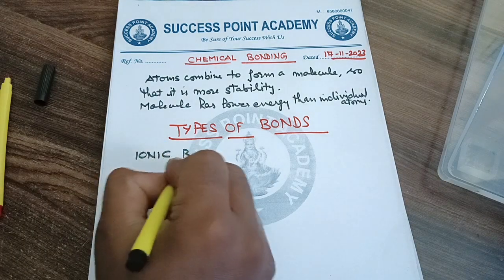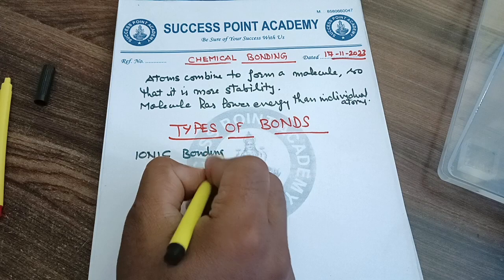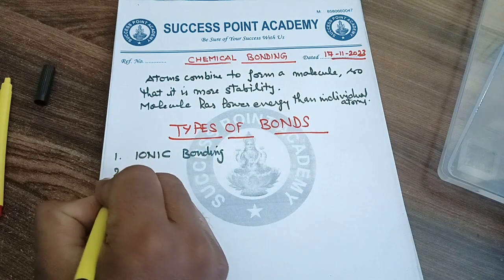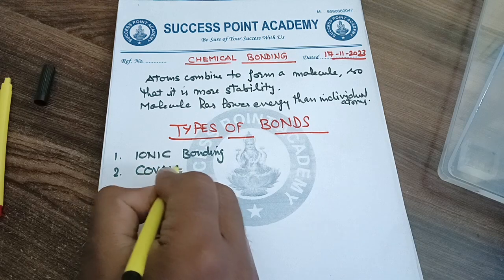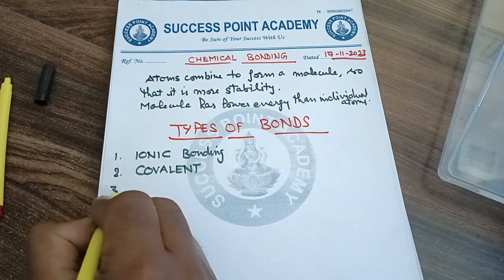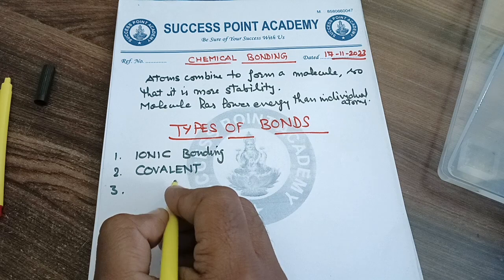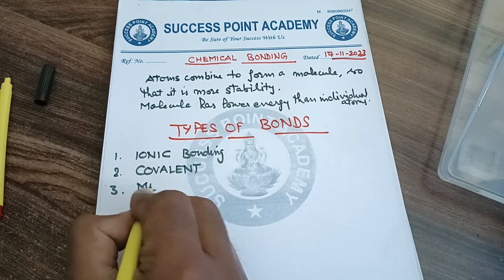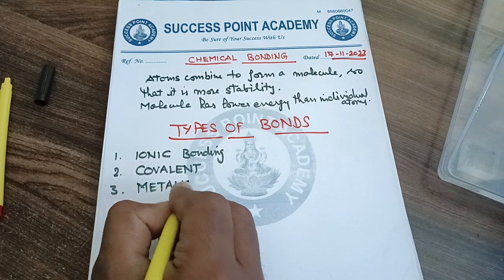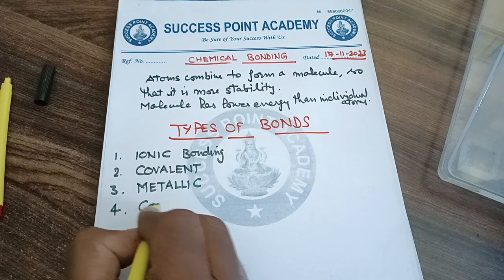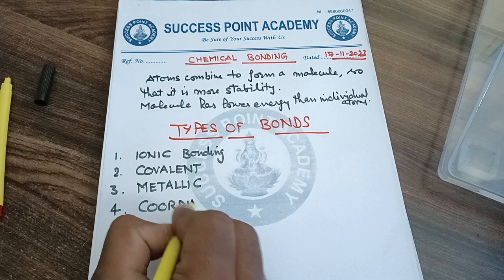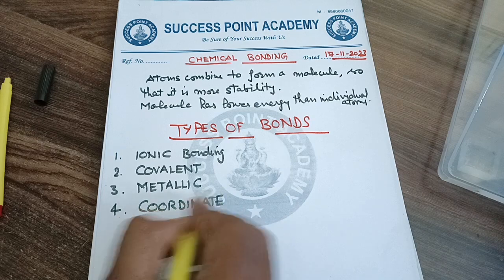First is ionic bonding, means ionic type of bond is formed. Second category is covalent bond. Third is metallic bond. Fourth is coordinate bond, coordinate type of bonding.